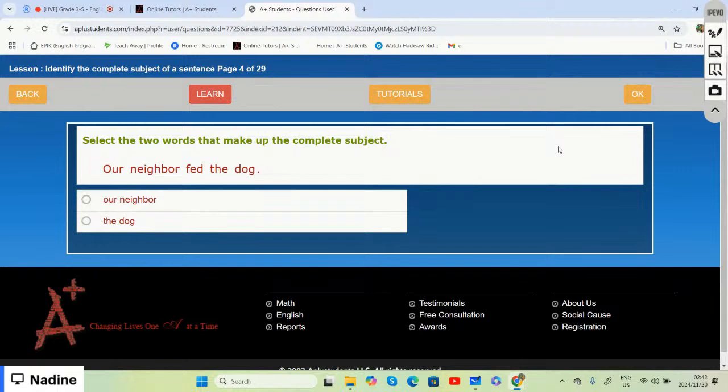And if we were to select the two words, then we would say it is option one, our neighbor.